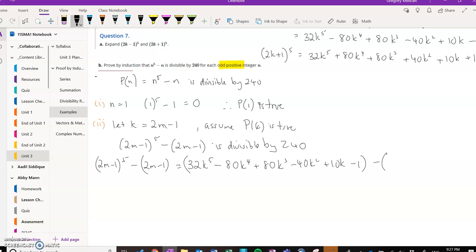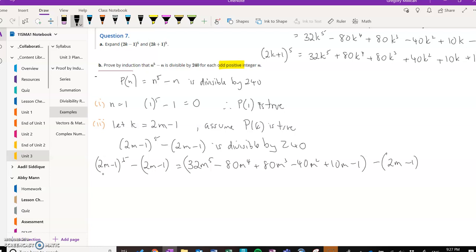I shouldn't have k's, should I? So what I'm going to do is replace all of those k's with m's because I'm doing 2m minus 1. So that's an m, an m, an m, an m, an m, minus (2m minus 1).